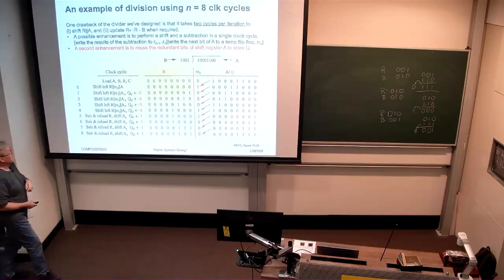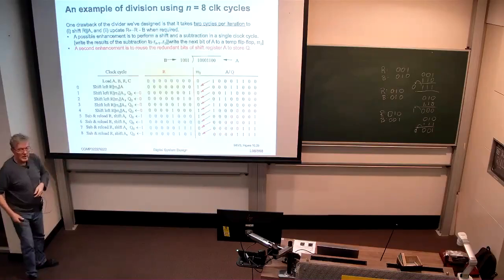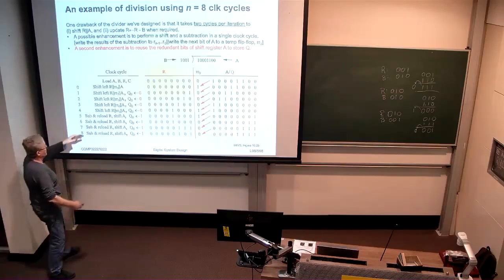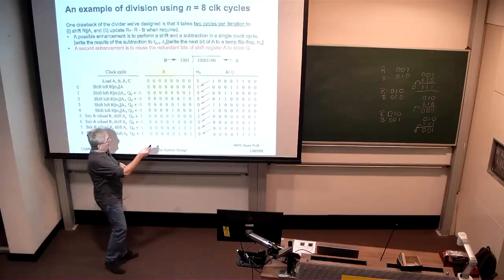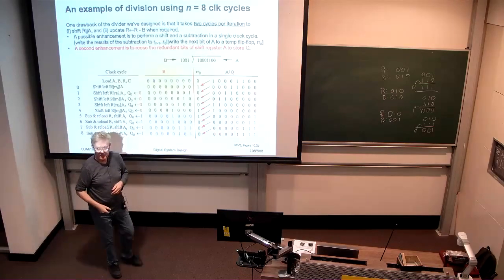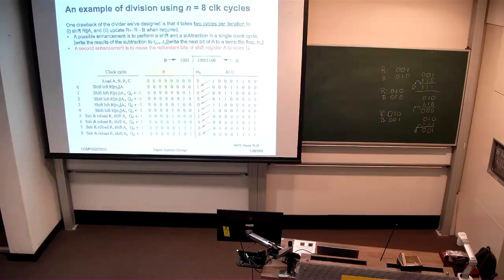All right? So initially we load, this is our initial state, and then we perform one shift before we start. This is our first shift. Here's our spare flip-flop, RR0. It's playing the role of the least significant bit of R when we determine whether or not B can be subtracted.